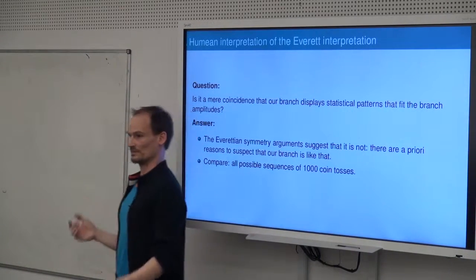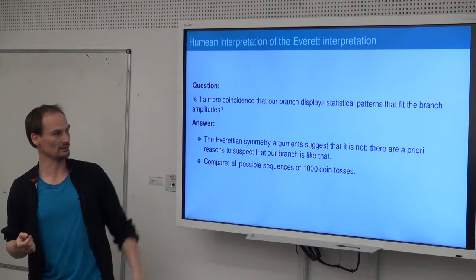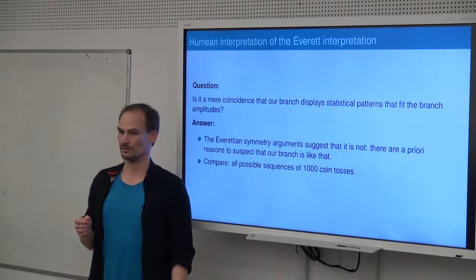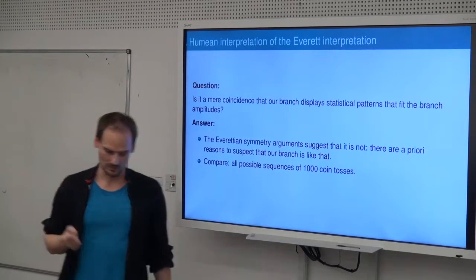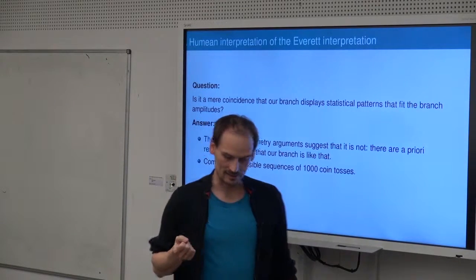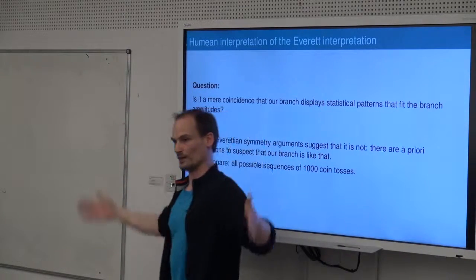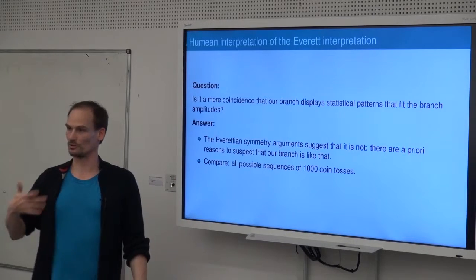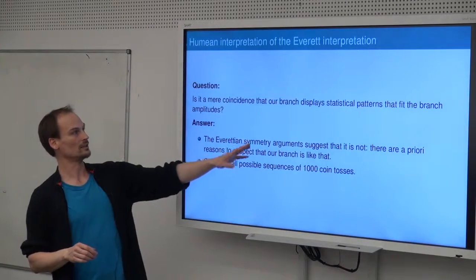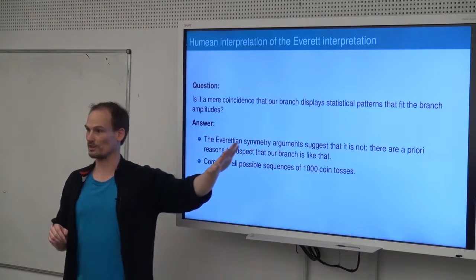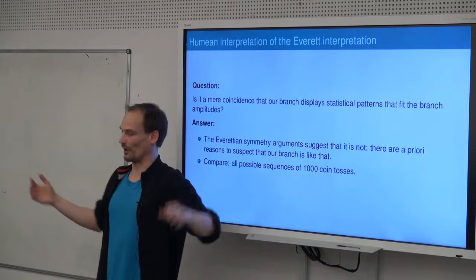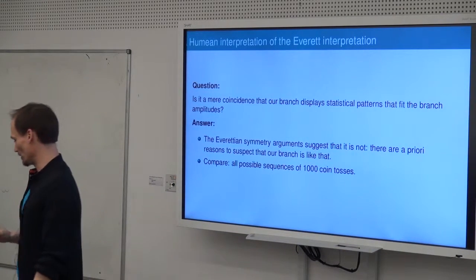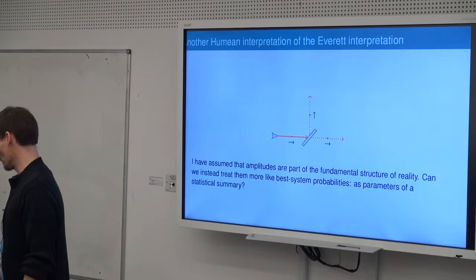In other words, that it's best systematized by saying this is a Bernoulli sequence with probability half. So we can say something similar about the Everettian branching structure: it's not totally random that our branch displays these patterns, because loosely speaking, almost all branches do, and it would be very odd, in fact, to be on one of those others.